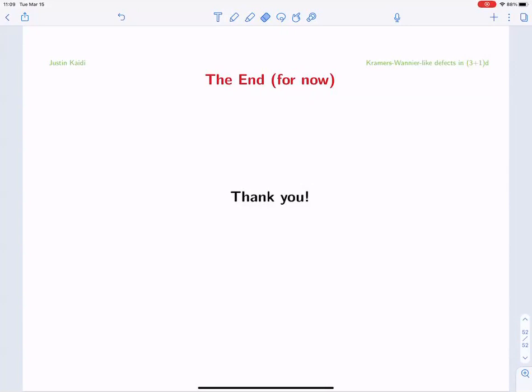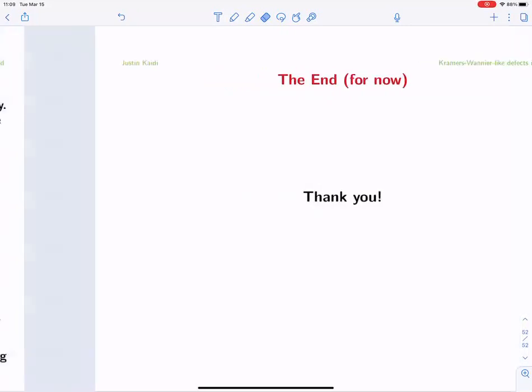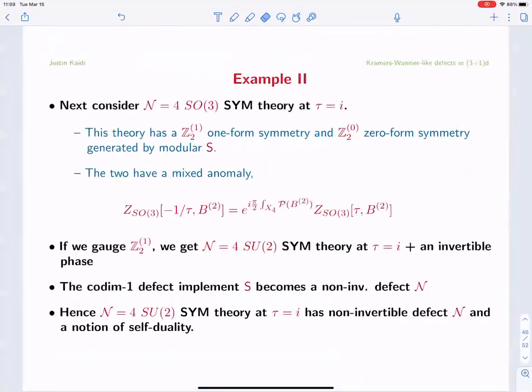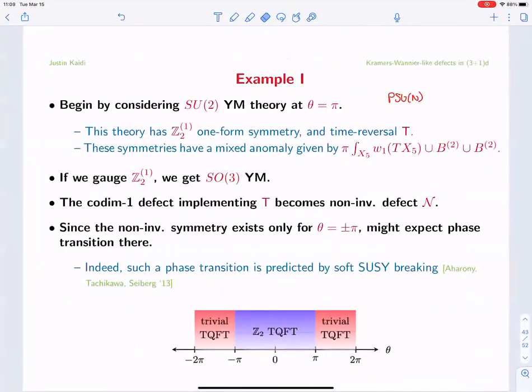Could you go back to the SU(2) example with theta equal to pi? This one. Right, so the phase diagram. In the Ising Kramers-Wannier duality example, if you sit at the self-dual point, another manifestation of this high-low temperature duality, implemented by this duality defect, is that if you take the energy perturbation and push it through the duality defect, it reverses sign.